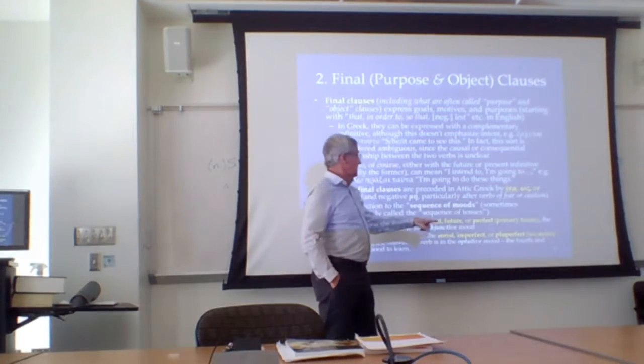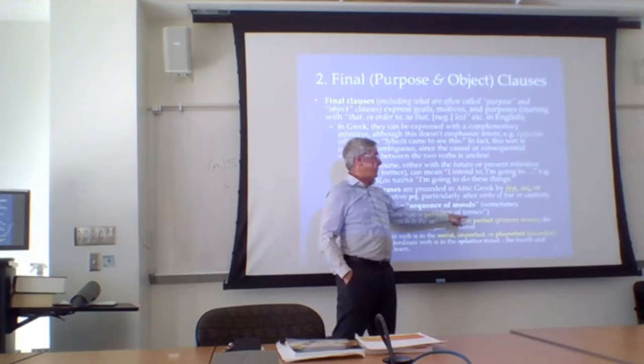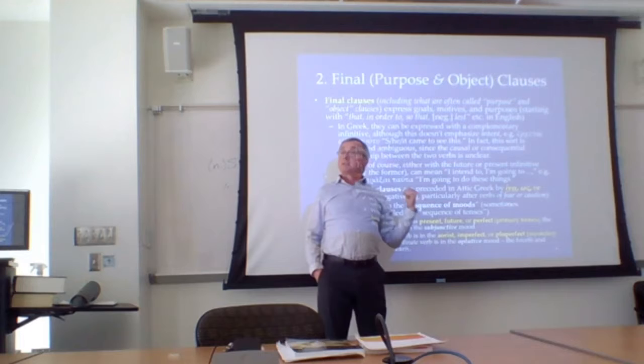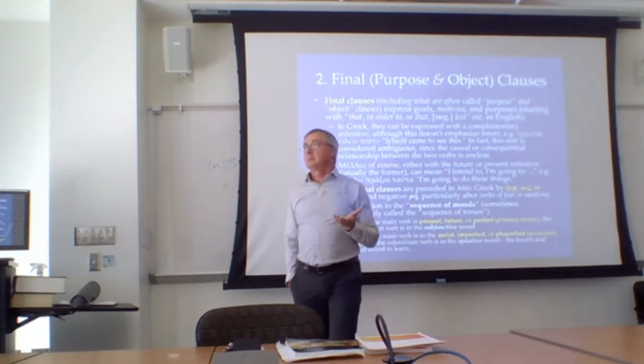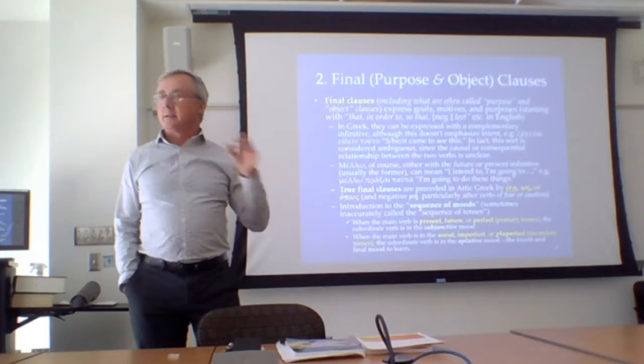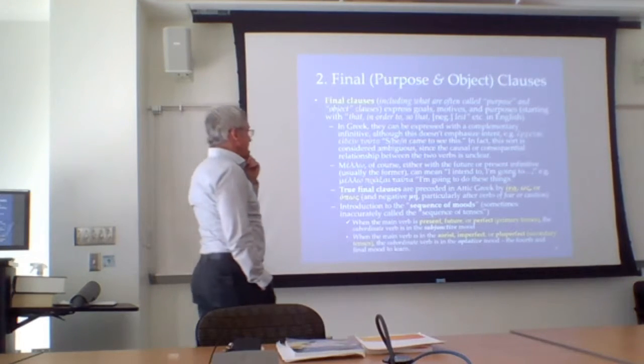The primary tenses are the present, the future, and the perfect. You know two of those. These are the ones that take the primary endings. The perfect is its own set of endings. These are the primary tenses.